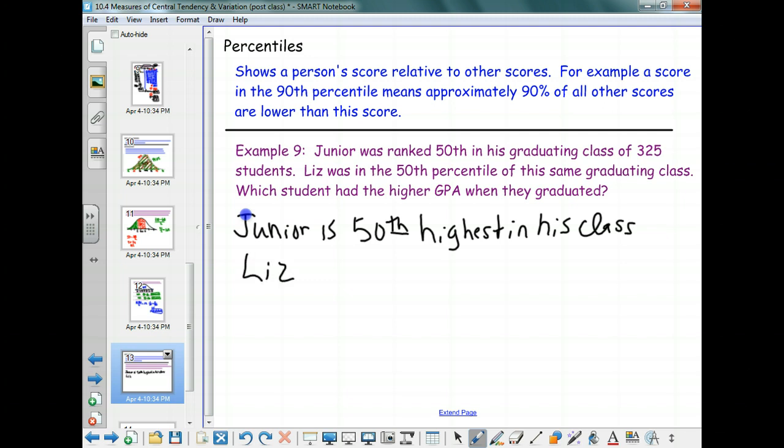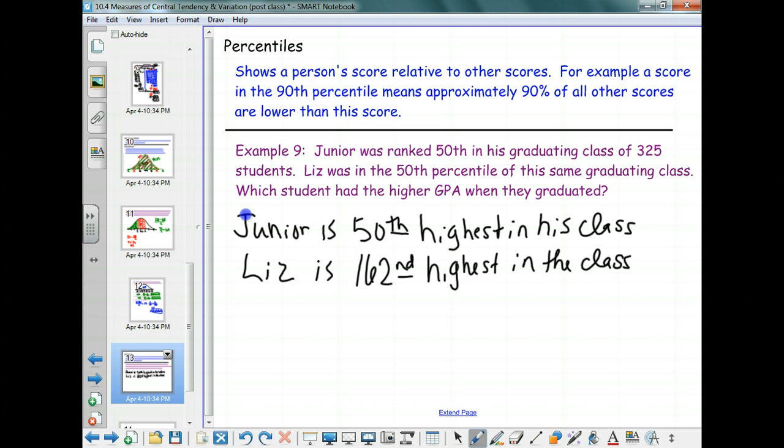If I compare her the same way, I know it's not going to be exact, but approximately, 162. So Liz is 162nd highest in the class. Does that make sense? So you're sort of changing that so that you can actually compare them in the same way.